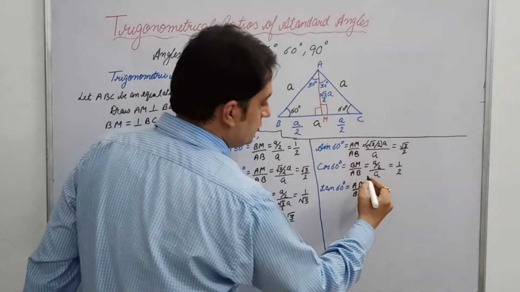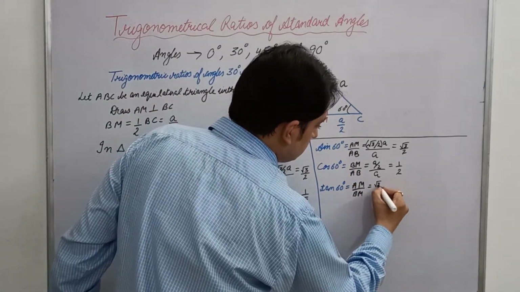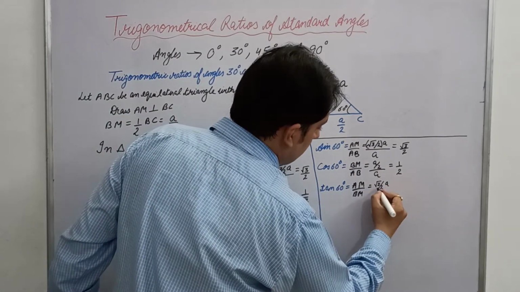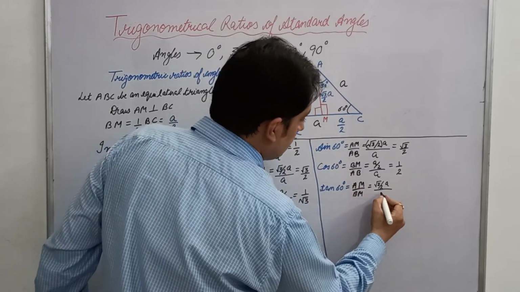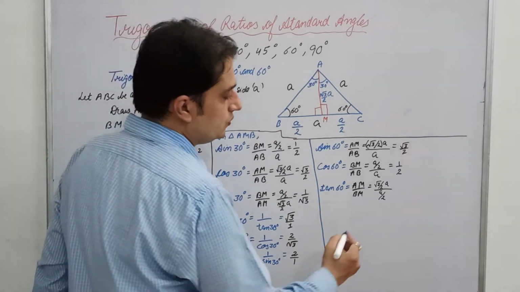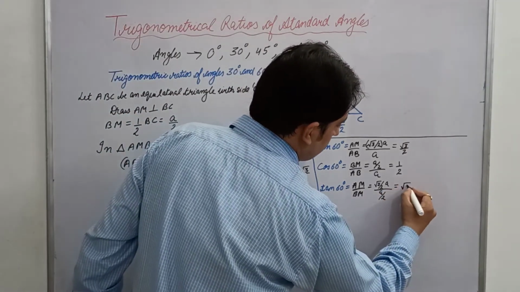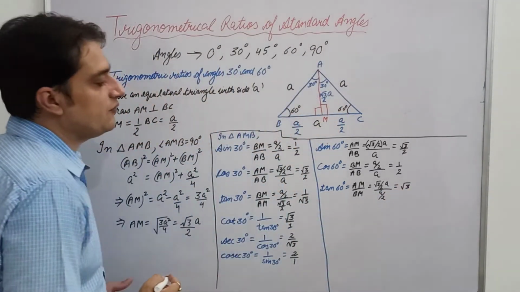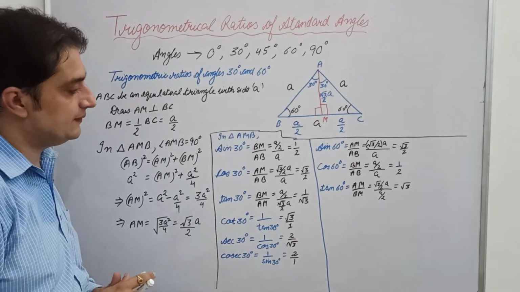So perpendicular is root 3 by 2 into A upon BM is A by 2. So here you can cancel out A with A, 2 with 2, the rest is root 3. So root 3 is the value of tangent 60 degree.